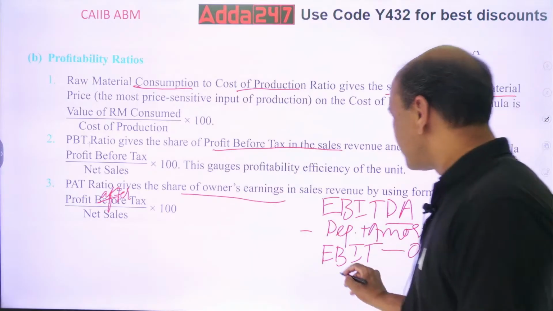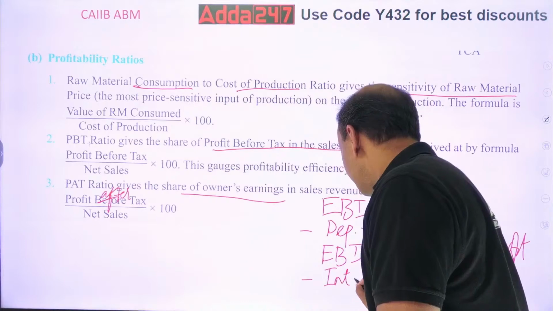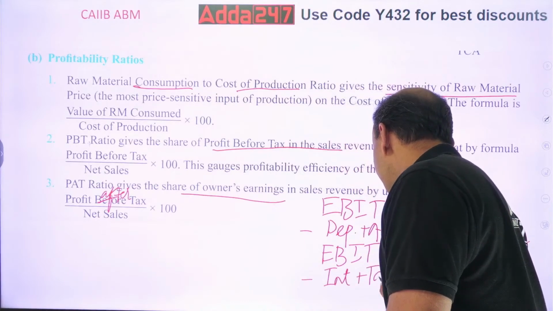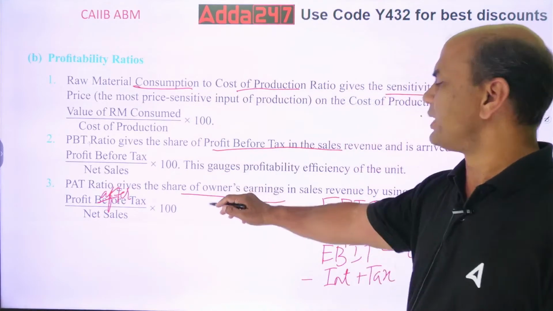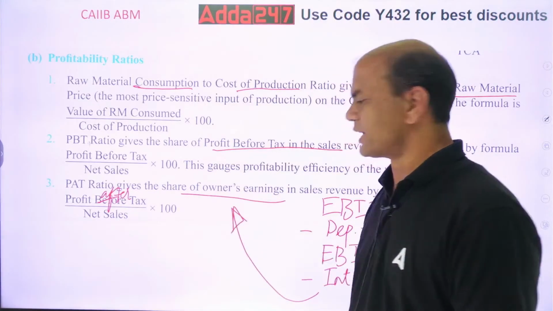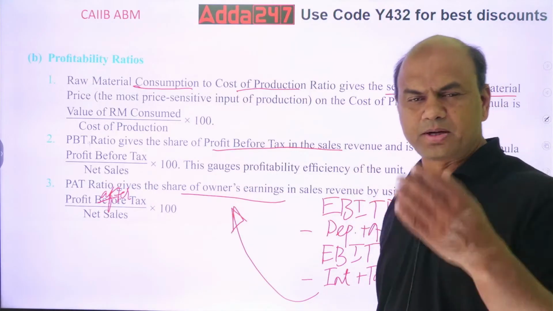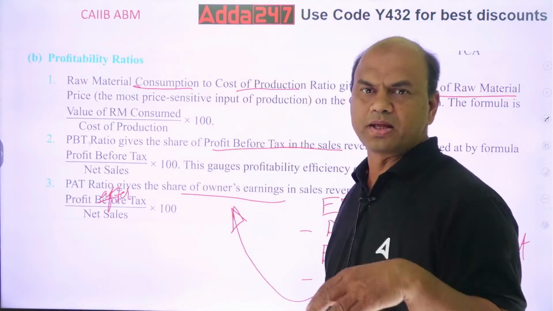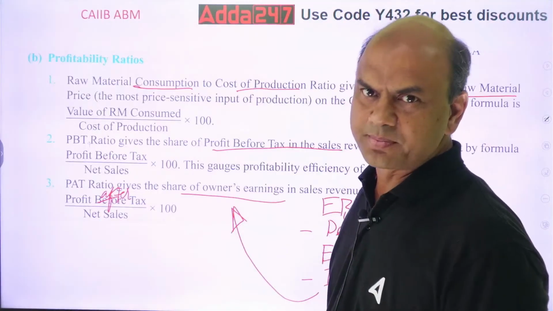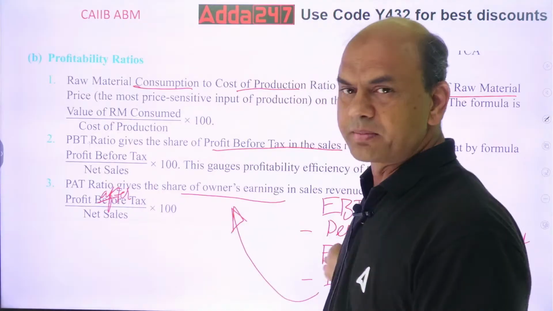When you subtract interest, I, and taxation, T, what you get is PAT, net profit after tax. This is how the overall system works. EBITDA, then from that depreciation and amortization are subtracted, then you get operating profit.